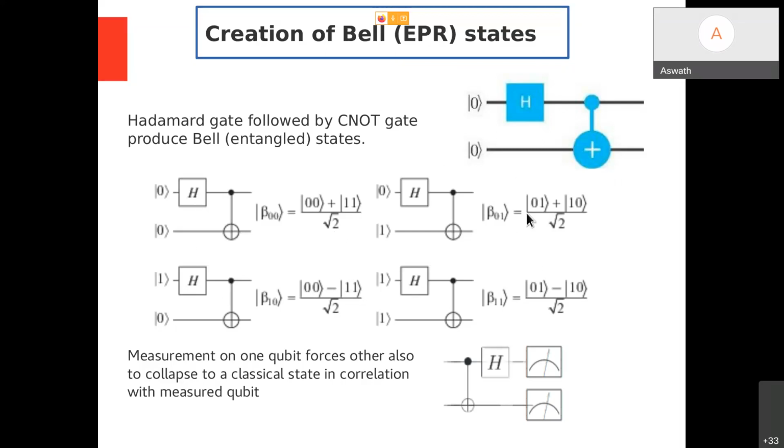Using these entangled atoms, we can do lots and lots of interesting things in quantum computing. One is quantum dense coding and quantum teleportation, right? So many things. The Hadamard gate and CNOT gate are the most interesting and useful quantum gates required for quantum communication.